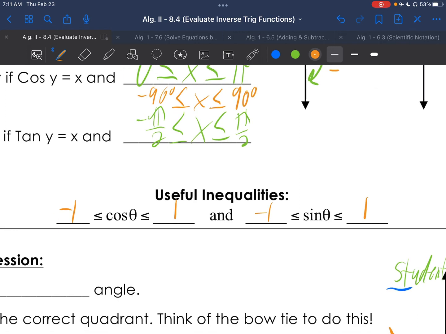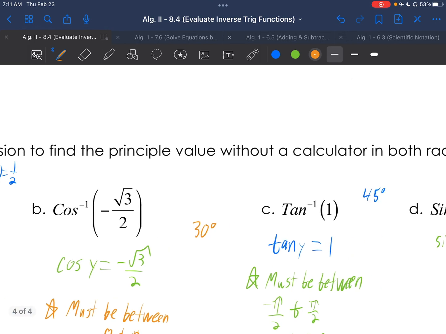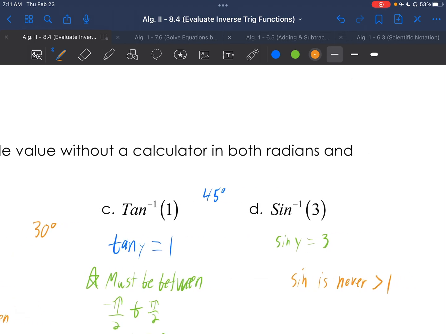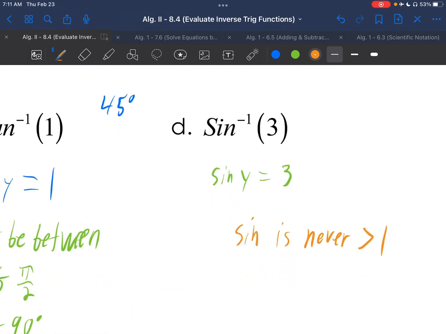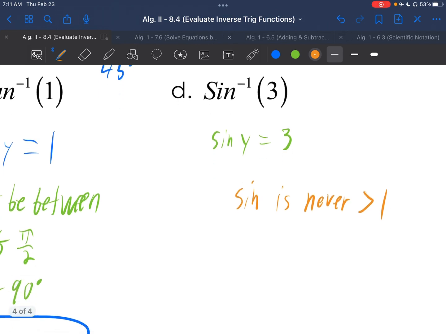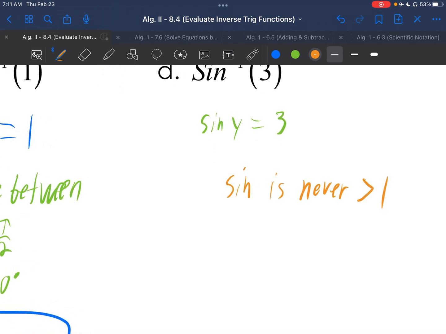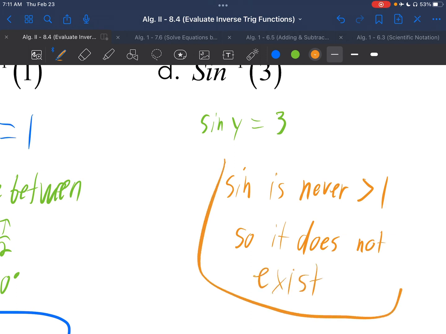And we also said it in the previous lesson, that sine and cosine only go from negative 1 to 1 each. So when we get a number like 3, we're like, that's not real. That can't happen. And so it does not exist. Bit of a trick question.